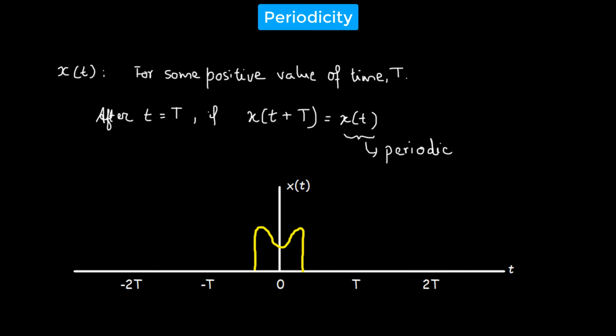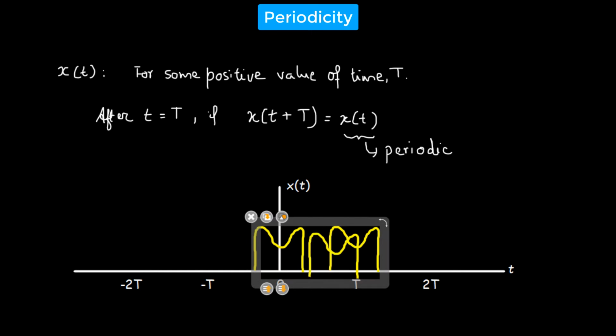So let us consider a continuous time signal given by this particular graph. For this signal to be periodic, it should repeat after every T interval. So we take the signal, copy it, and exactly after a time period of T, this is going to repeat itself. Then we take another copy, it is going to repeat after another T interval.